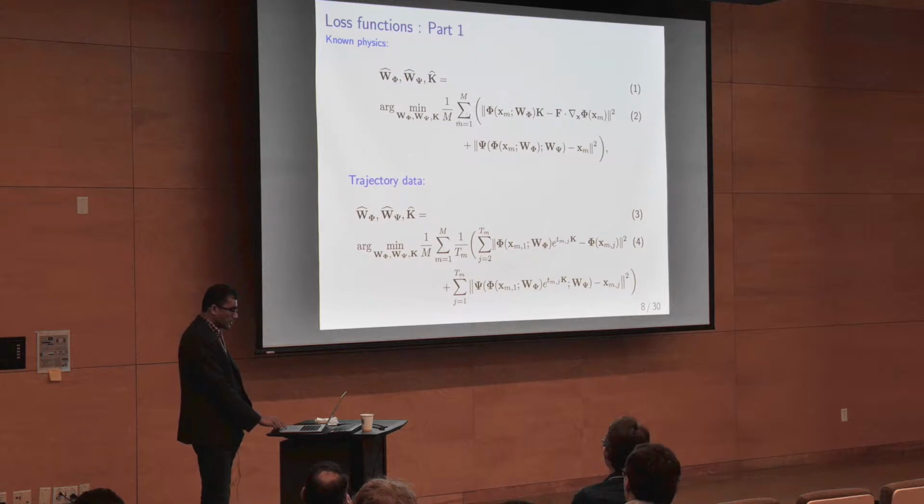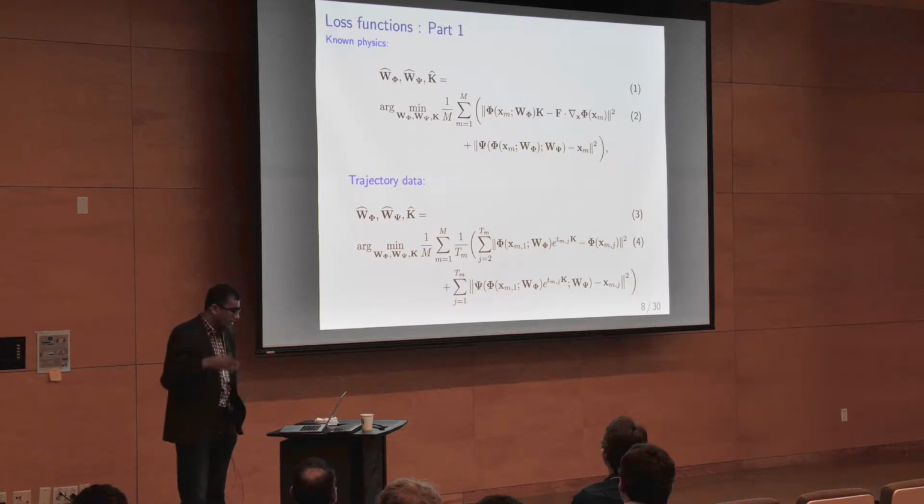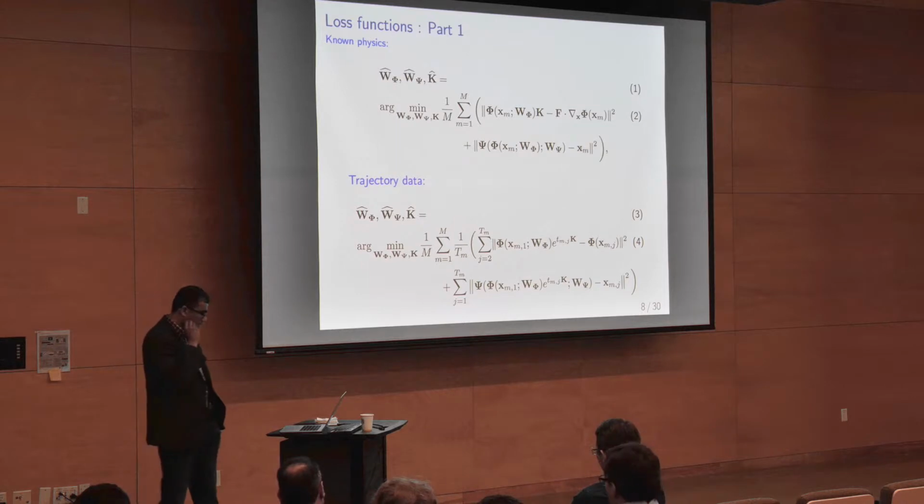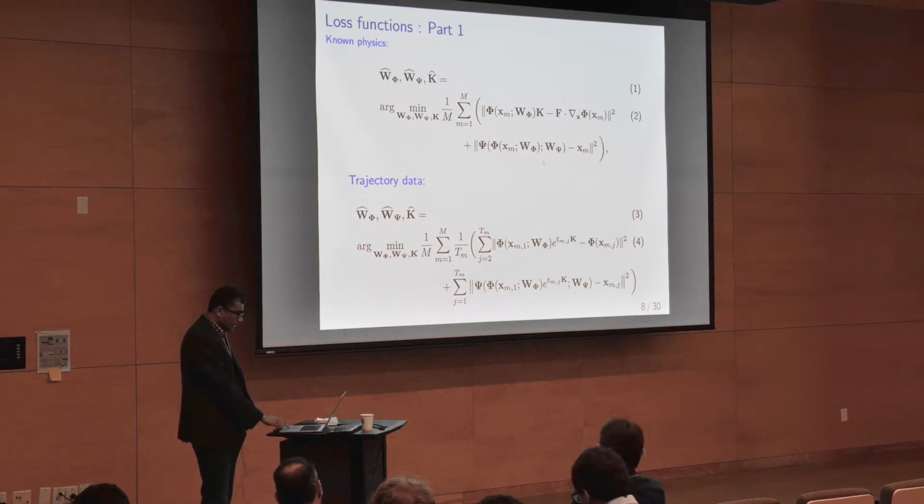What you can do is ping phase space, maybe randomly, at these m locations. And this is how the loss function can look, where the physics is now encoded here. This is the expression that I showed in the previous slide. And this is basically the decoder and the encoder reproducing the state snapshots. Okay, so that's when you don't have data.